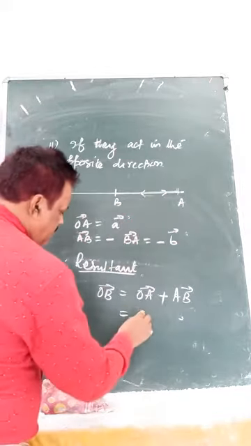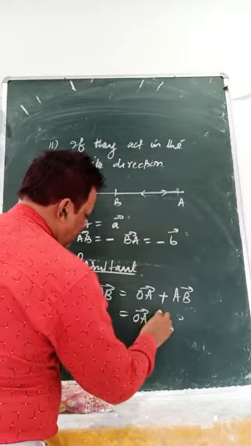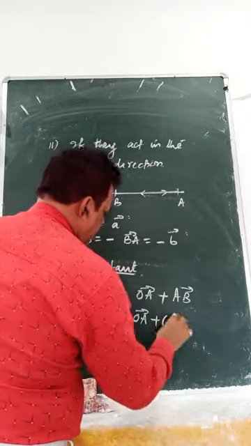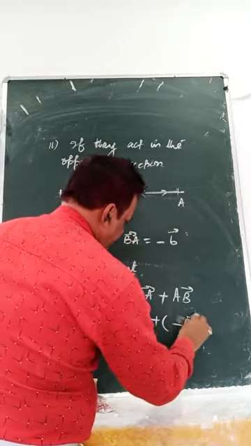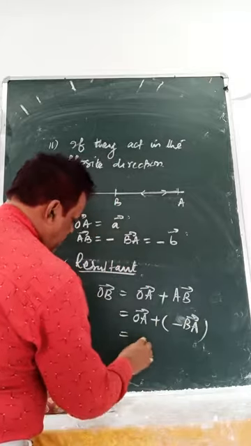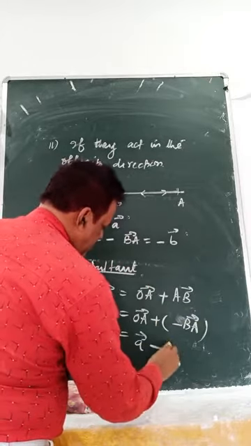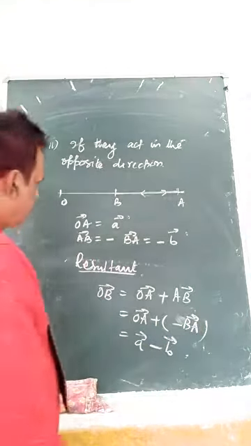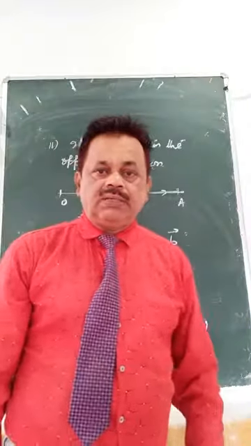So that is OA vector plus minus of BA vector, that means A vector minus B vector if they act in the opposite direction.